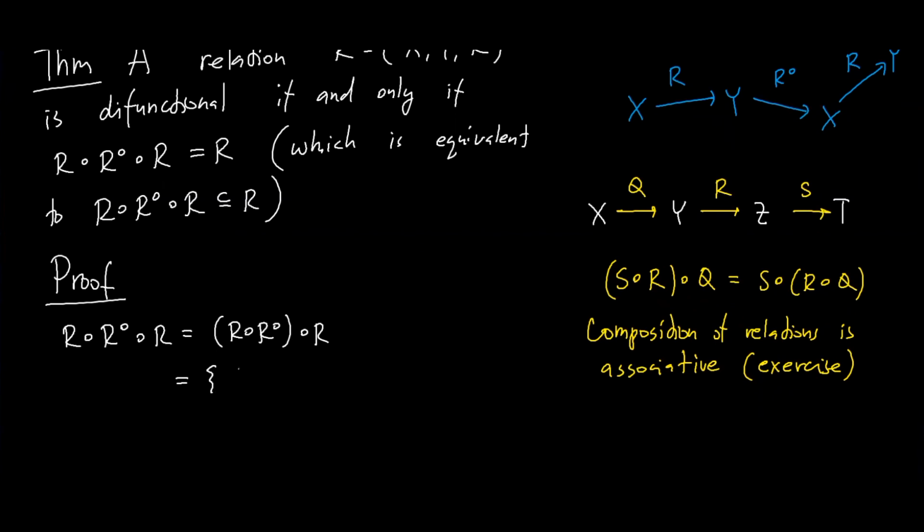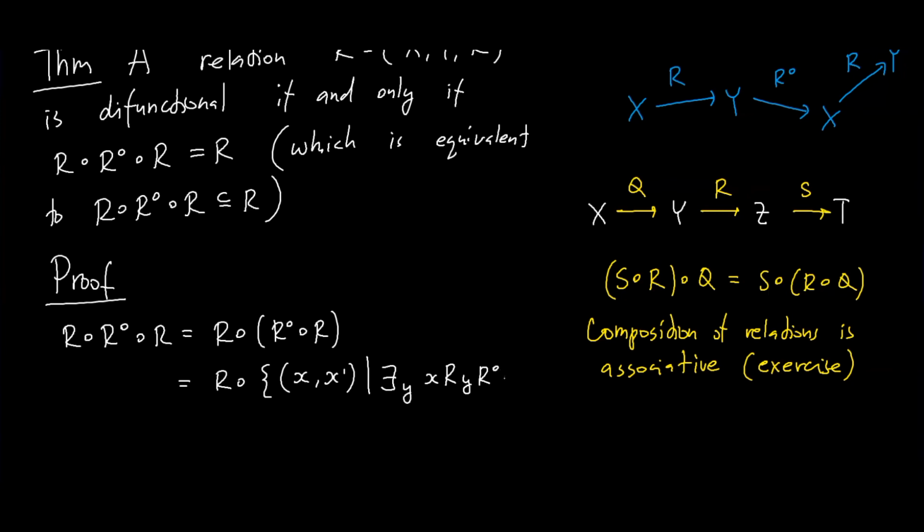It's the set of ordered pairs X, X prime such that there exists a Y such that X is R related with Y, and that is R op related with X prime.